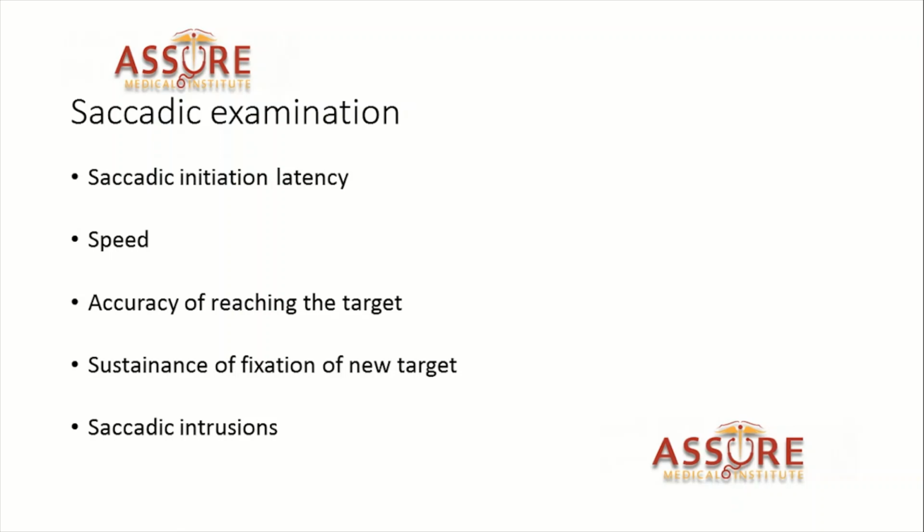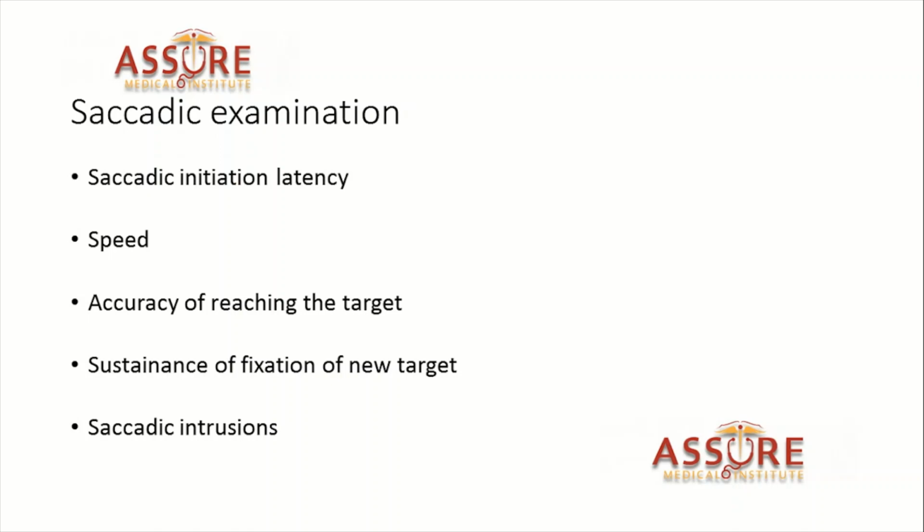These are the five things you have to look for in clinical examination. Saccadic initiation can be delayed in oculomotor apraxias, Huntington's, and other dementias. The speed can be less or more. Slow saccades can be seen in progressive supranuclear palsy.